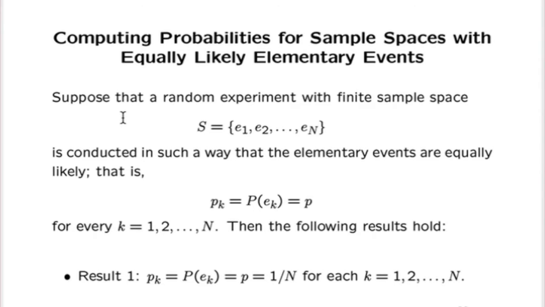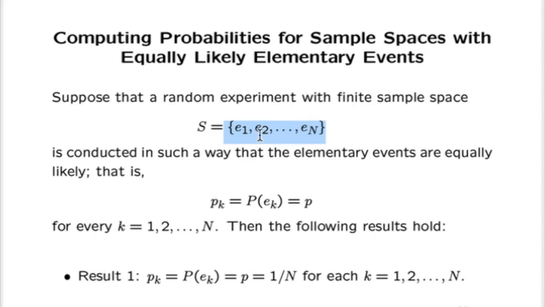So suppose that we have a random experiment that has a finite sample space, which I'll denote by cap S, and I'm going to list out the elementary events E1 through E cap N like so. All right, so this is the sample space. It contains all of the elementary events for the experiment, and the number of possible outcomes for this experiment is capital N, right?